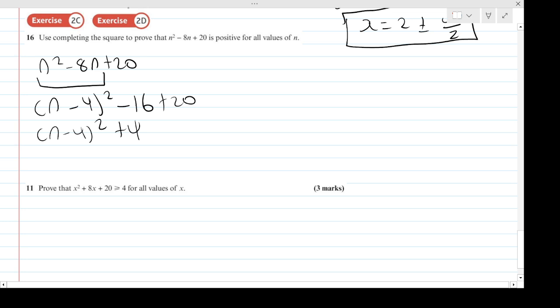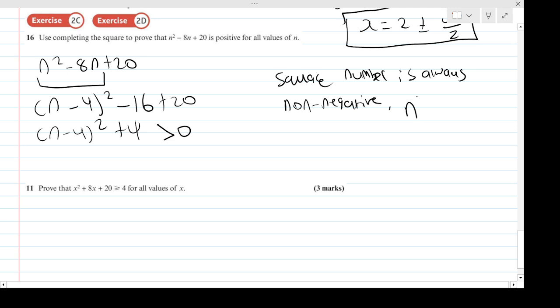Well, why is that? So we need to say that this is greater than 0. Well, that's because we have a square number, right? We should know that a square number is always positive. Well, actually, it's always non-negative, okay? Meaning, if we have a square number n squared, for example, that will always be at least 0.